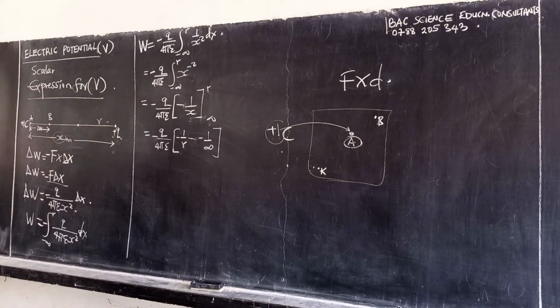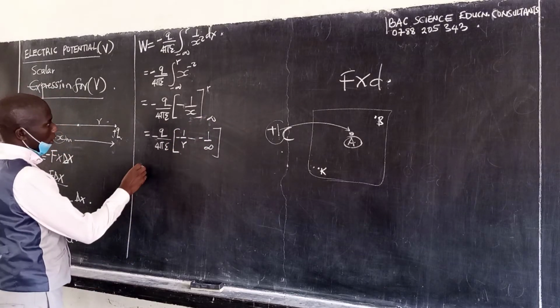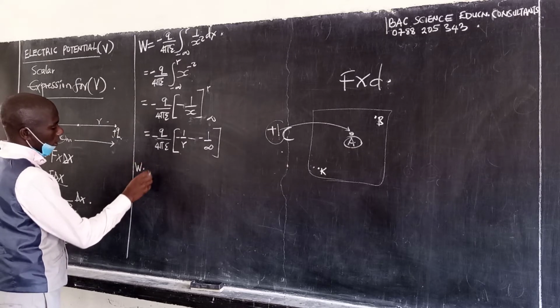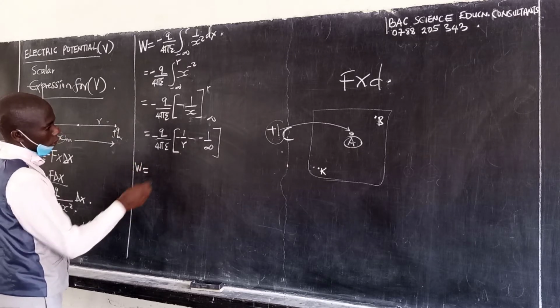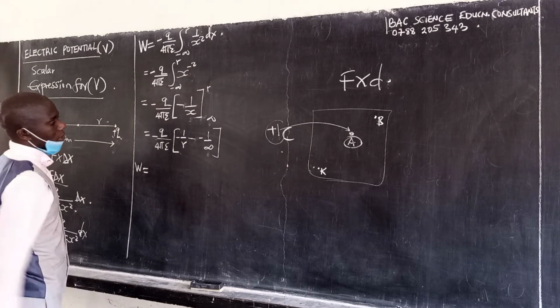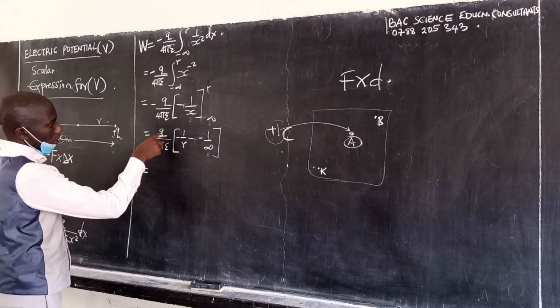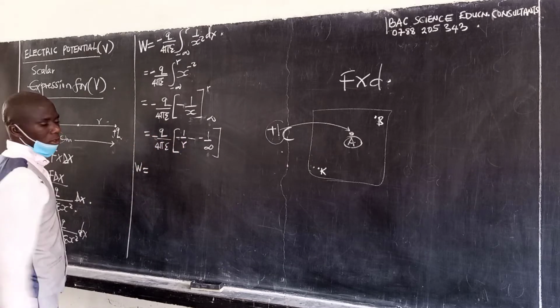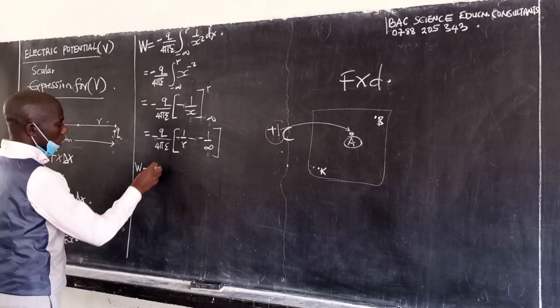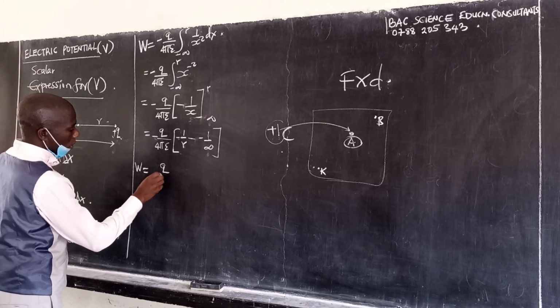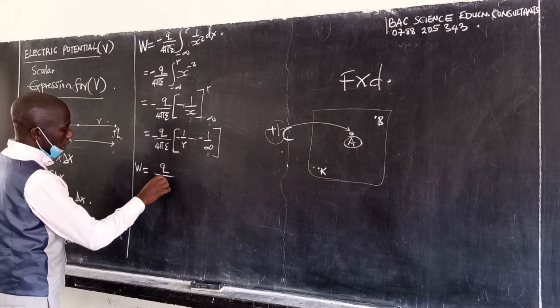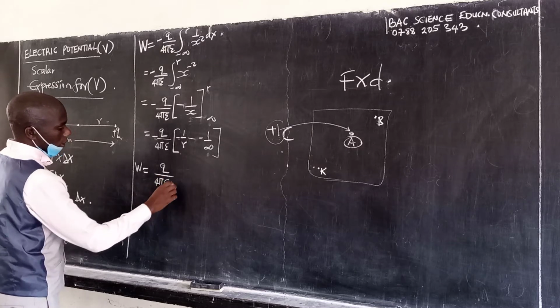And therefore, our work done will be equal to, of course, when you substitute 1 over infinity, you get a 0. So you remain with this, and this negative and this will cancel out, and we shall have q out of 4 pi epsilon naught.